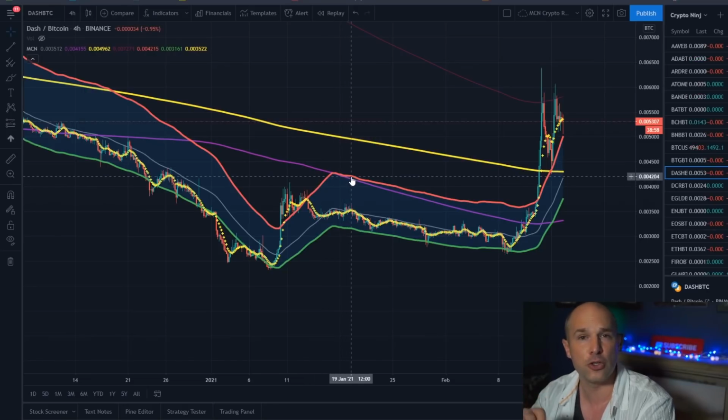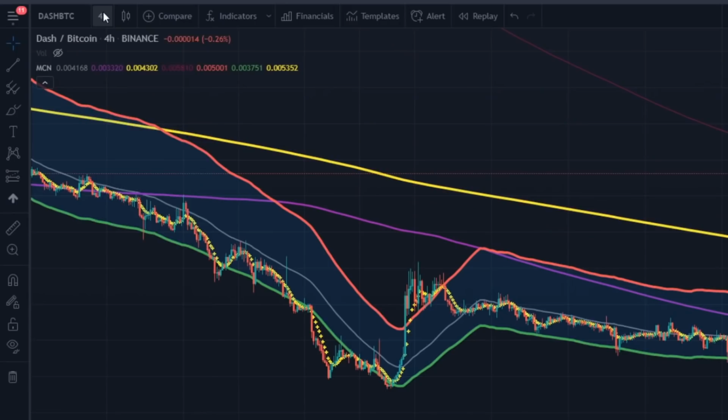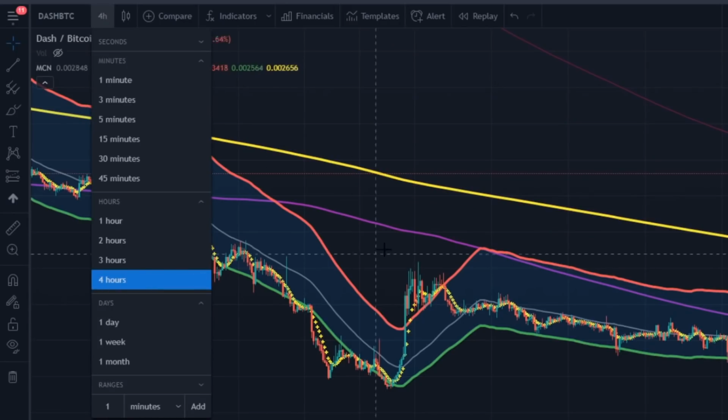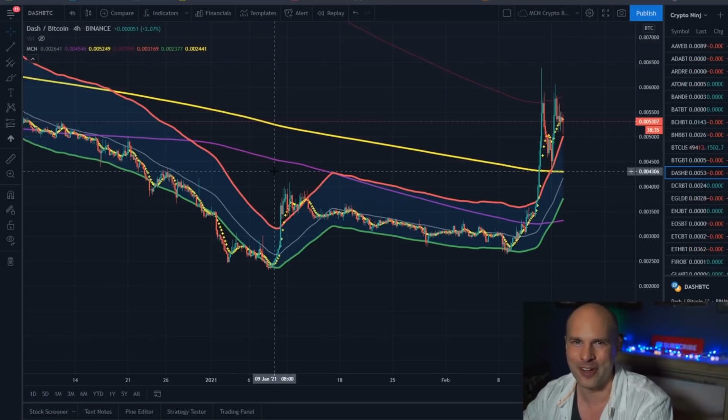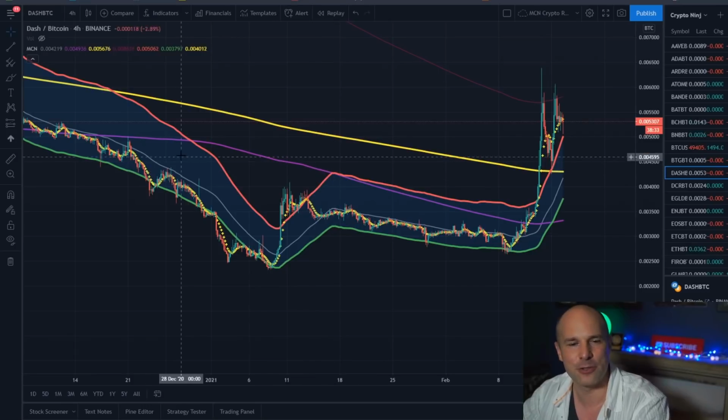However, when you use this chart setup, you always want to be using the 4-hour chart. So right up here, you'll see that I am on a 4-hour chart because I've made this specifically for a 4-hour chart, and it will only really work on that time frame. So you have to use the 4-hour.